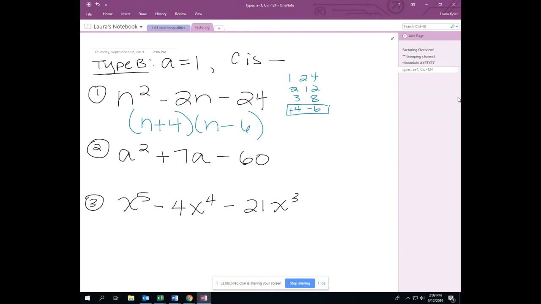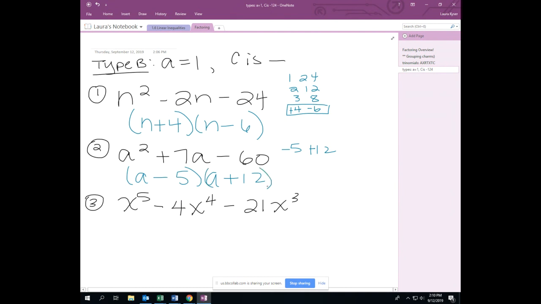So as long as the 6 is negative, you can put it first or second. Factors of 60 that subtract to give me 7. 5 and 12. This time 7 is positive, so 12 better be positive, which means 5 has to be negative. A minus 5, a plus 12.